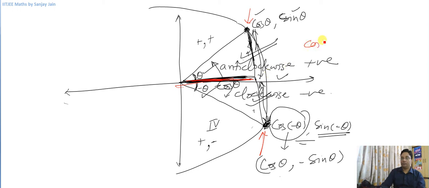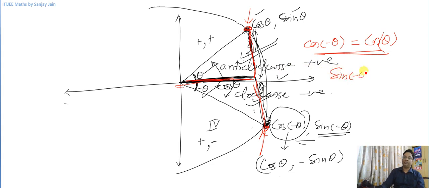So cos of minus theta and cos of theta is one and the same thing. But for this point, the vertical length is above x-axis, and for this point, vertical length is below x-axis. So sine of minus theta is equal to minus of sine theta, right? Let us proceed further.